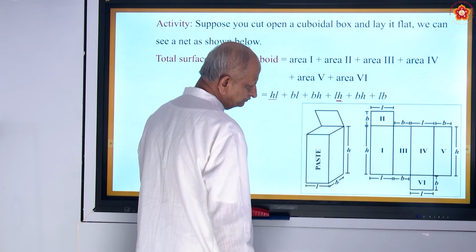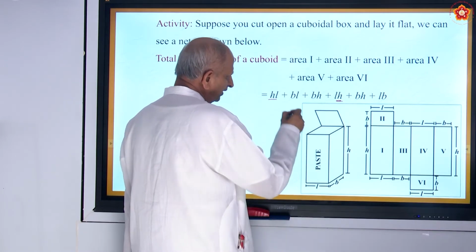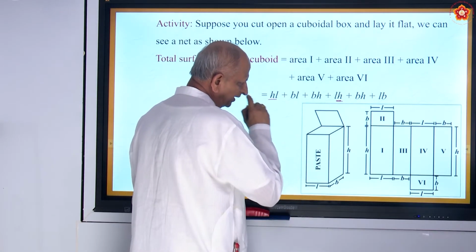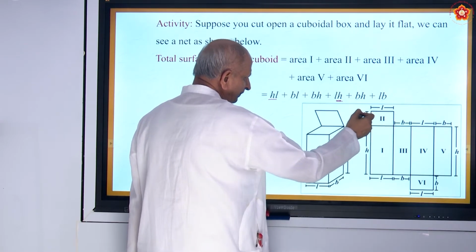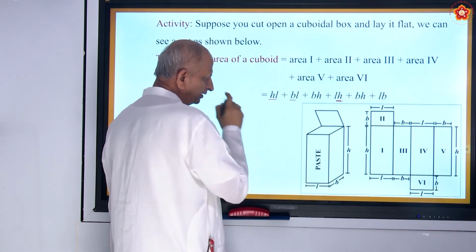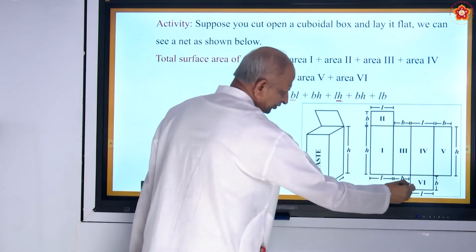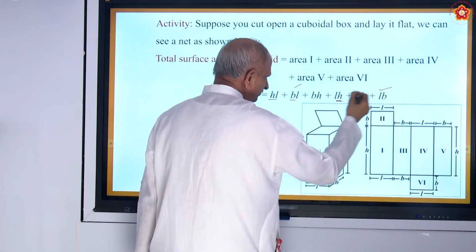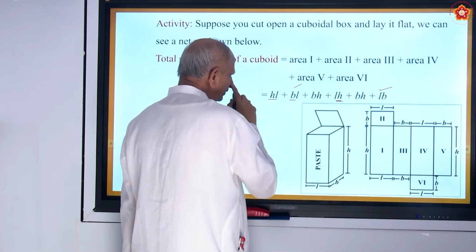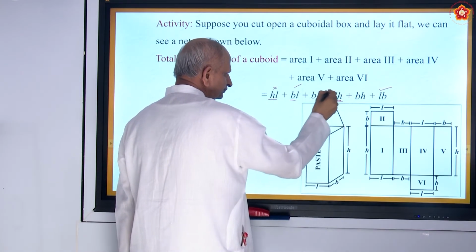Okay. Then comes area of second rectangle. Second rectangle is so small. That is L into B. Second rectangle, and this is also L into B. There will be 2 L into B. One is this, one is this. Okay. This is LH.